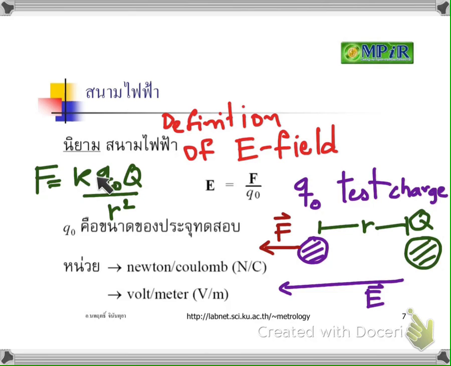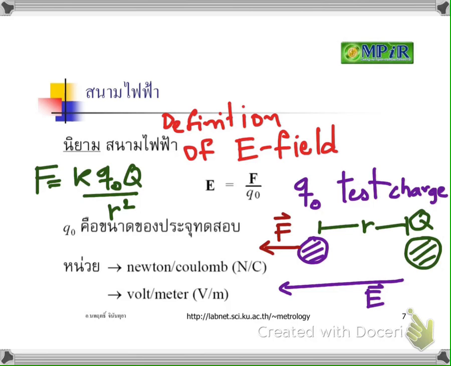So it means that to eliminate the effect of Q0, we should divide this F by Q0, right? From this relation, F is linearly dependent on Q0. So if we divide F by Q0, you will eliminate the effect of Q0, right?